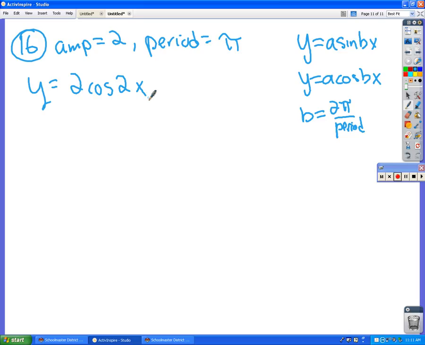I don't get it. What don't you get? The whole thing, where you just plug in numbers. Well, the number that goes in front is the amplitude, and since the amplitude is 2, a 2 goes in front. And the number that goes in front of the variable is 2 pi divided by the period.